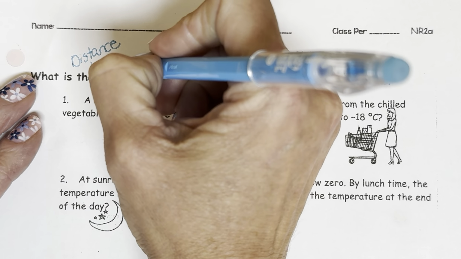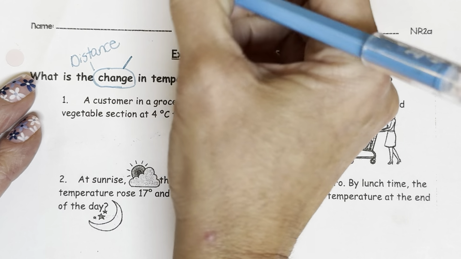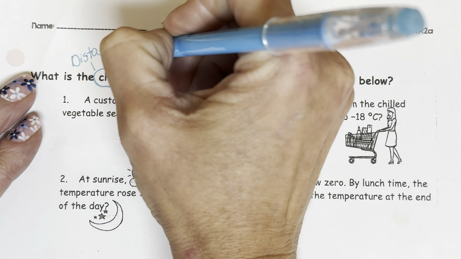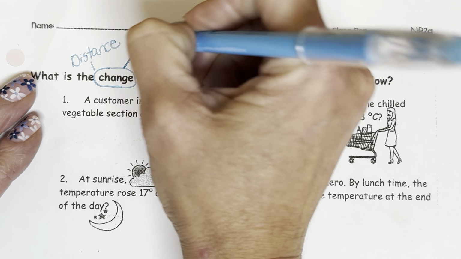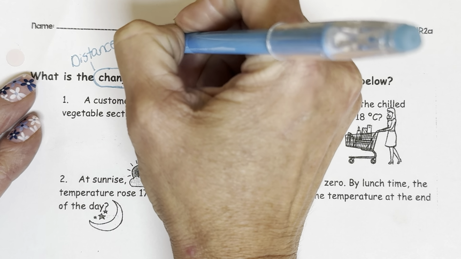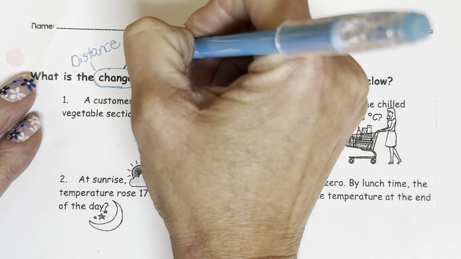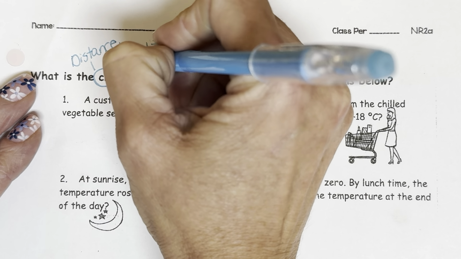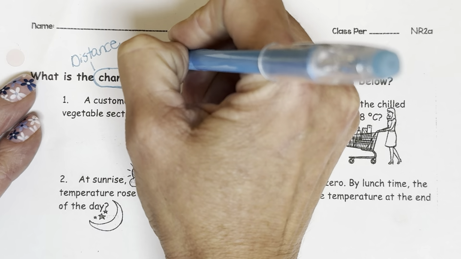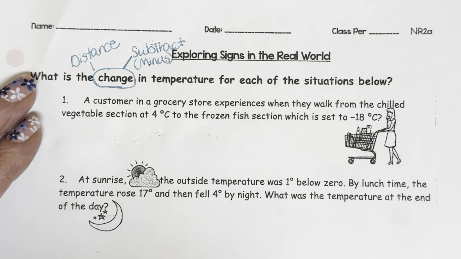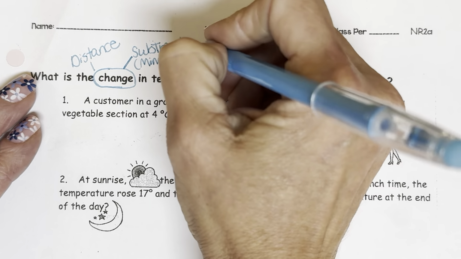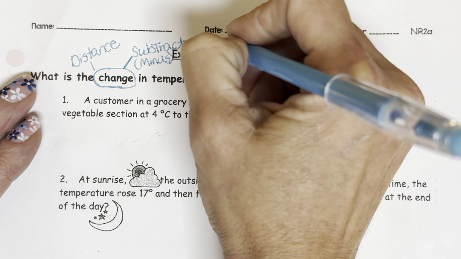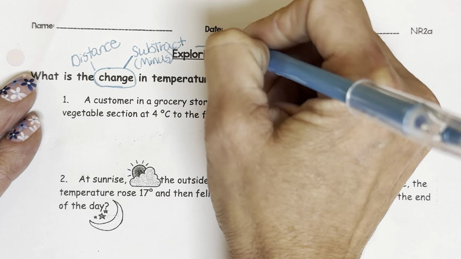Anytime we're working with distance or we're working with change, we are going to have a subtraction or a minus in the middle of our expression. So our expression will be a term, a minus sign, and another term, okay?